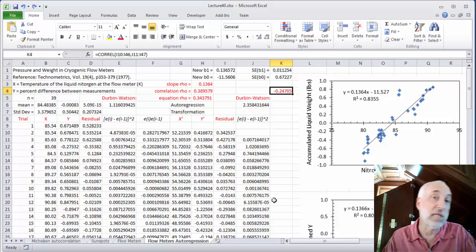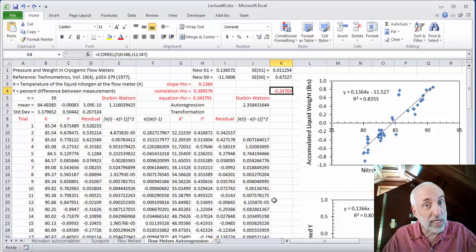I overestimated the correlation rho that I was using for my autoregressive 1 model. So that's how we accomplish the task of determining whether an autocorrelation exists using the Durbin Watson test and what to do about it using Excel.